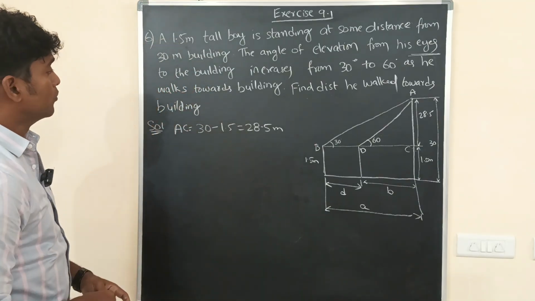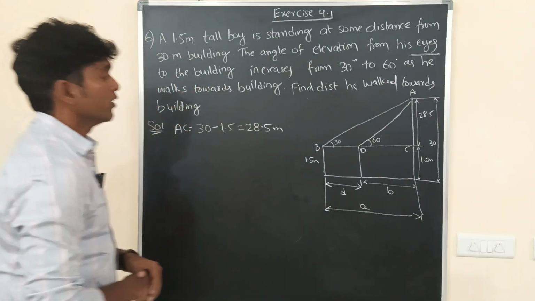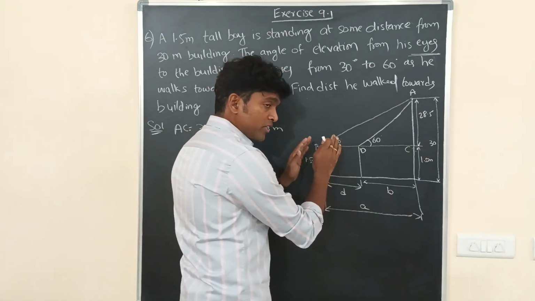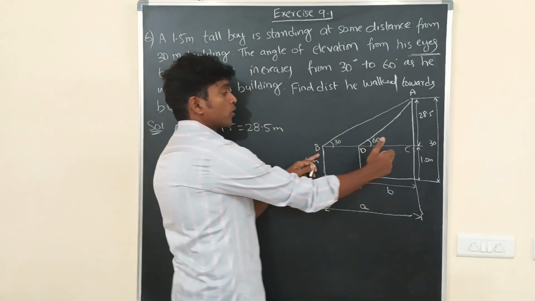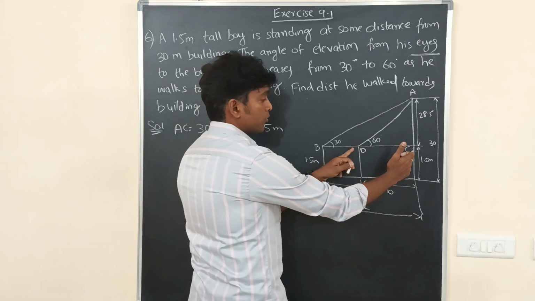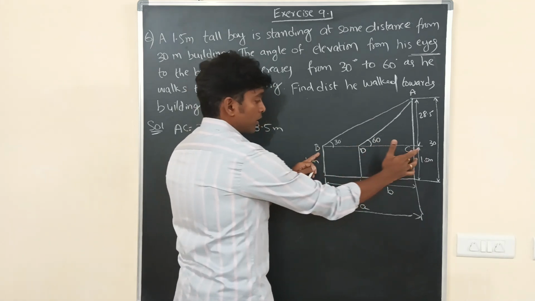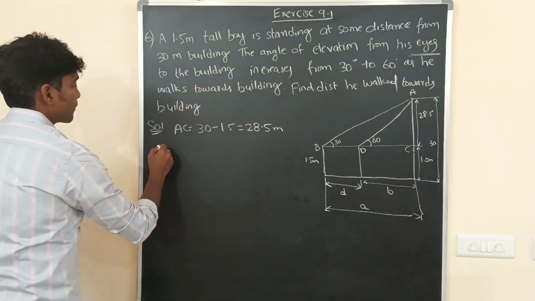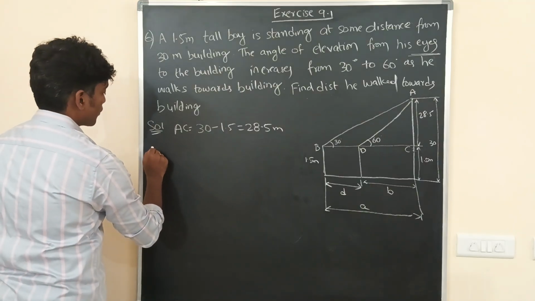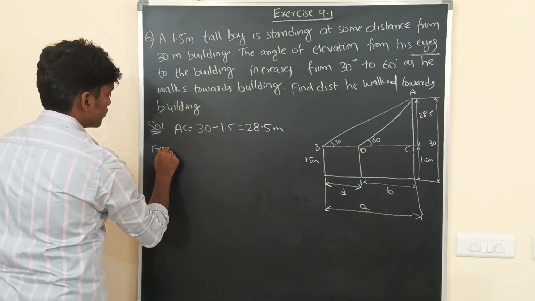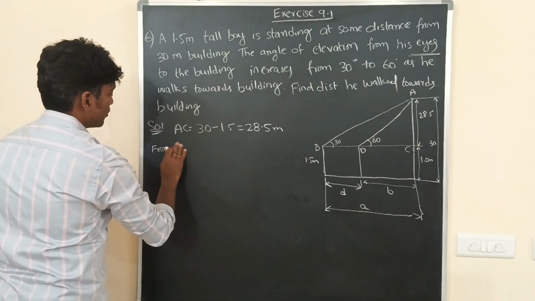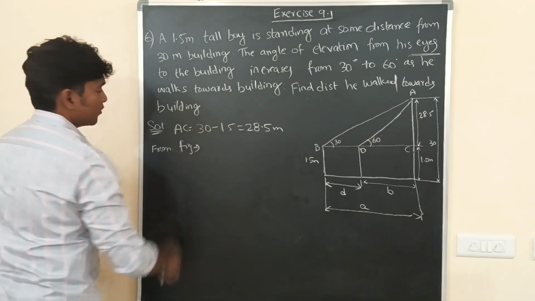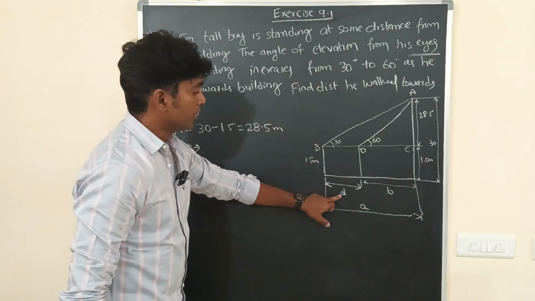Okay. Now we have to find this distance. To find this distance, we have to find the total distance and this distance, because this one is BC minus DC. Here from the figure we have to find D, small d.